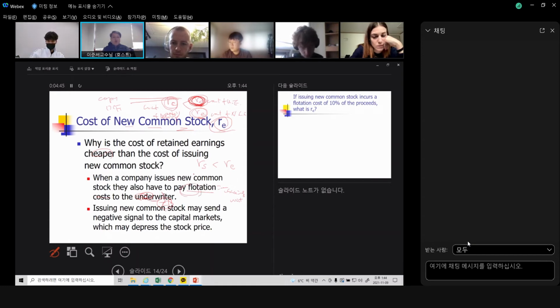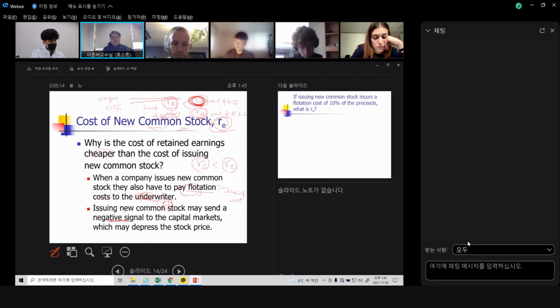So the cost of new common stock is higher than the cost of retained earnings, right? That's going to be an additional cost. If we issue new securities, we should pay the additional cost, which is the flotation cost. Or, issuing new common stock may send a negative signal to the capital markets, which may depress the stock price.